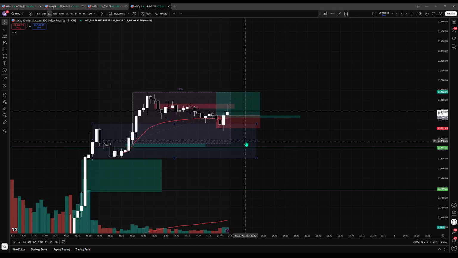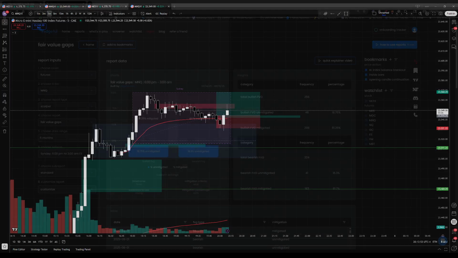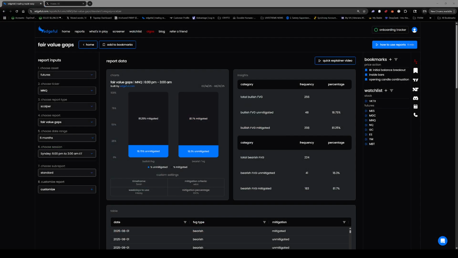We bounced off of it. And let's just make sure I'm not mitigating by a wick. It hasn't fully mitigated with a wick yet, so we still have a little bit of room to go.